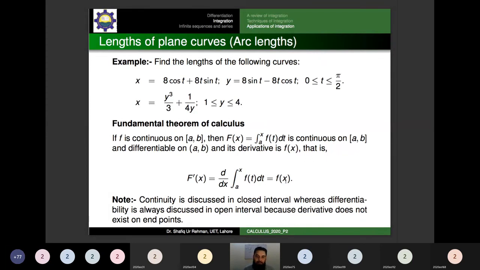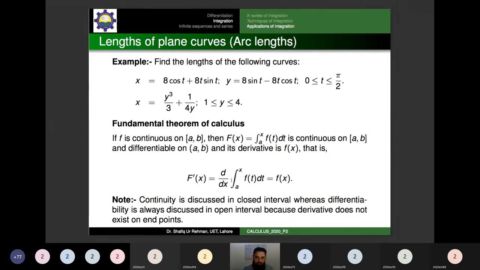So this is the fundamental theorem of calculus. What is calculus? It's all about the rate of change. The rate of change takes us to the derivative, differentiation being the process, and then the reverse process being integration. So this is how we talk about rate of change everywhere.